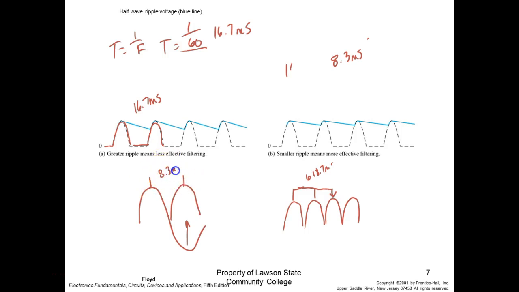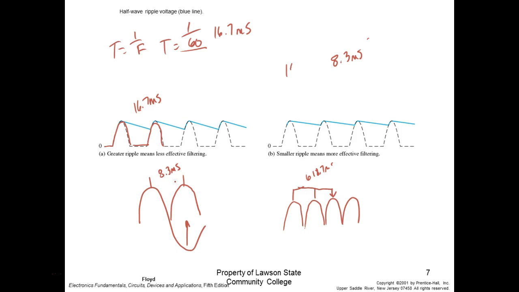8.3 milliseconds. So the pulsating frequency for half wave is the same as the input. The pulsating frequency of the output for a full wave is 1/2 the input. I'm sorry, 2 times the input. Y'all going like this, even though I made that mistake, right? So that means if I've got 60 cycles half wave, my pulse frequency is going to be 60 hertz.